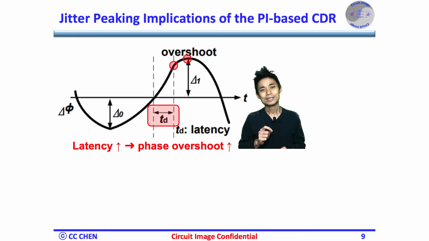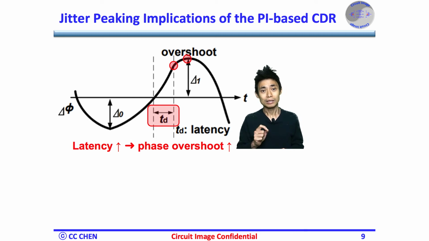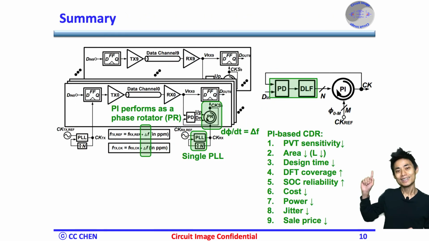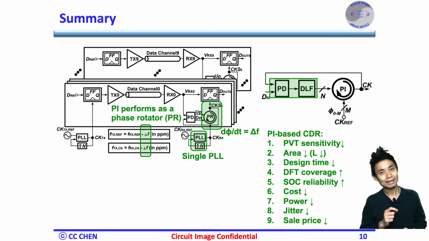In other words, if the latency of the PI-based CDR is too long, and the CDR cannot track the input phase rate jitter such that the gradient of the input jitter has already the opposite of the PI phase shift control signal. So, the jitter peaking is serious as the latency is longer, and we will talk about the latency image in detail later. Here are the summarized images of why you need a PI-based CDR.